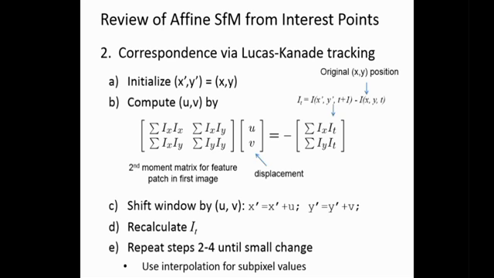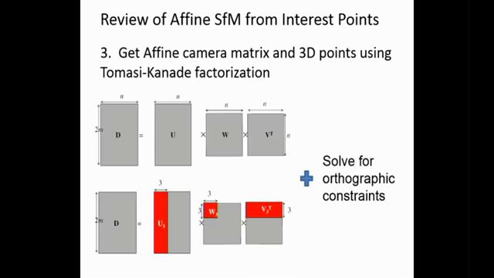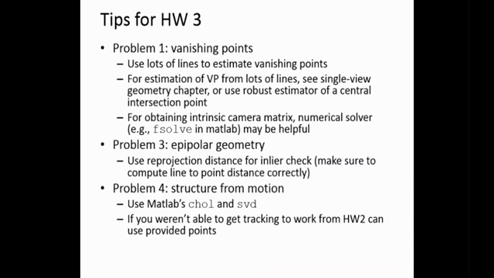So the tracks are a set of observations where you're viewing the same 3D point in each image. That's homework 2. Then in homework 3, problem 4, you do affine structure from motion from these tracked interest points. You put everything into the measurement matrix, do your decomposition, solve for the orthographic constraints, and then you're done. So just a couple of tips for homework 3.